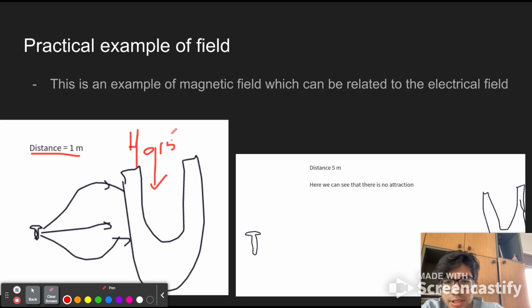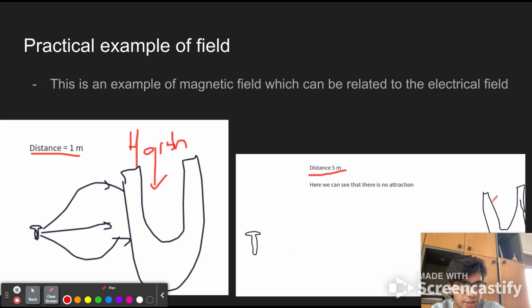The distance is just 1 meter, and hence the iron nail is getting attracted to the horseshoe magnet. In the second image the distance is 5 meters, and hypothetically let's assume that this horseshoe magnet can only exert force up to 2 meters.